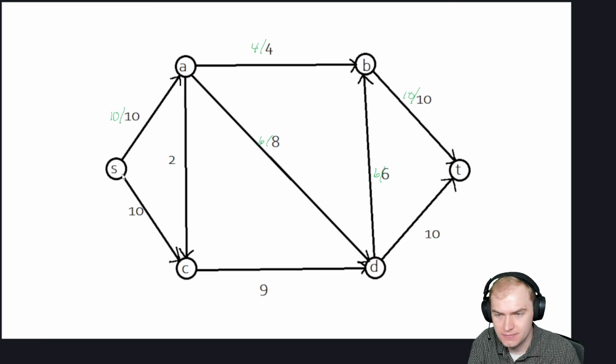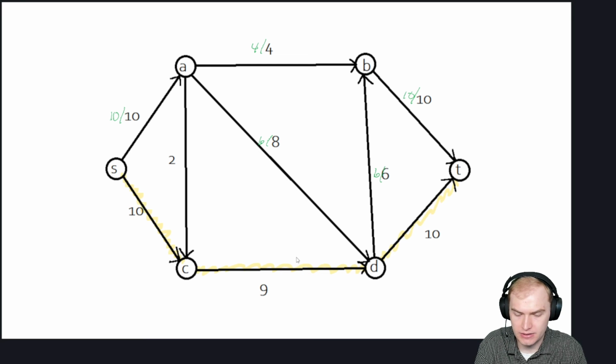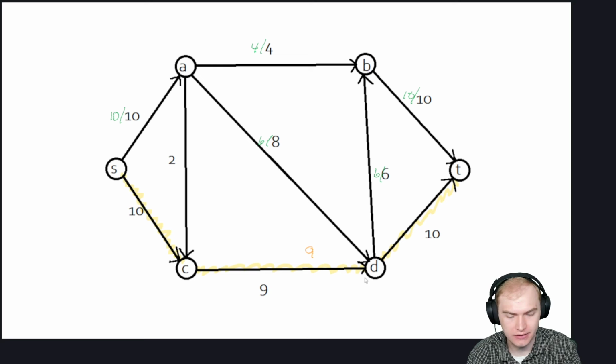So we're going to have to start using S to C. And then, yeah, let's use C to D and D to T. This has a capacity of 9. 9 is the smallest spare capacity on this path. So we get 9 out of 10 everywhere.